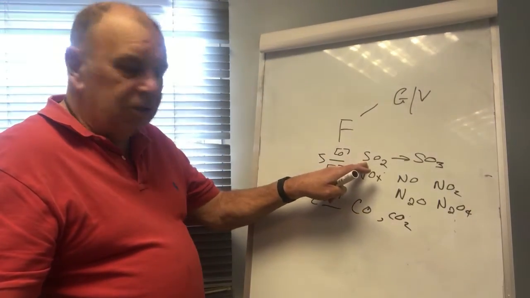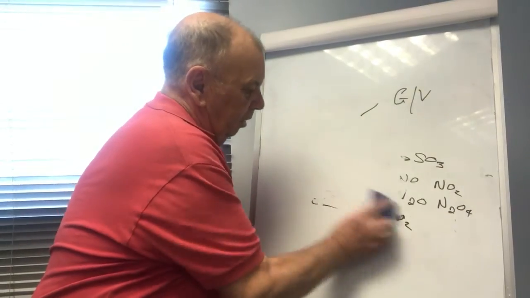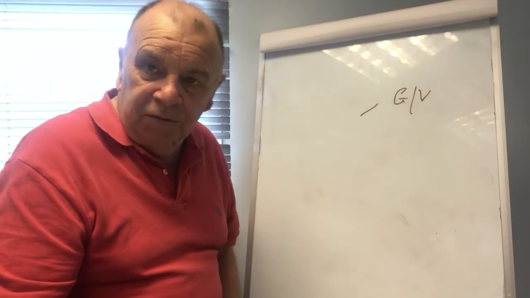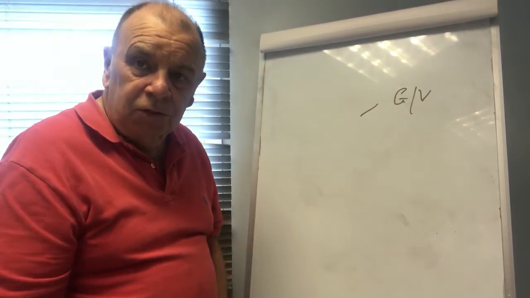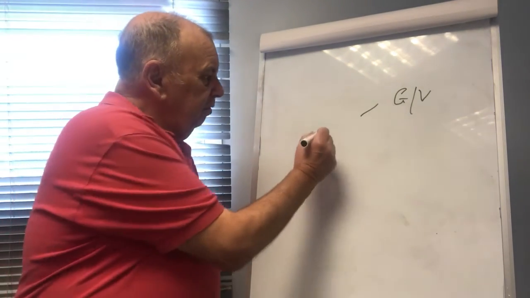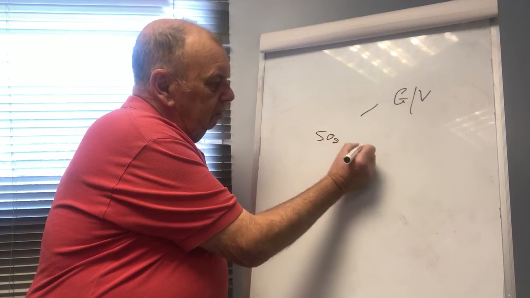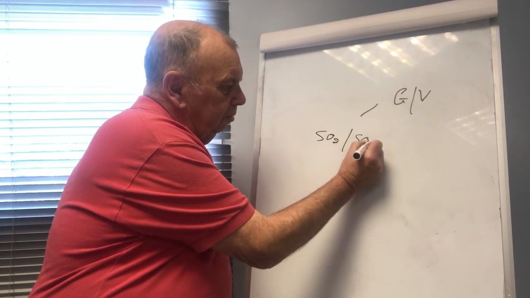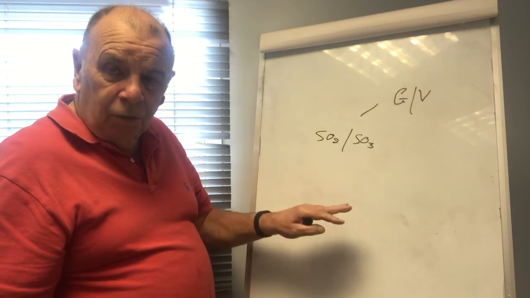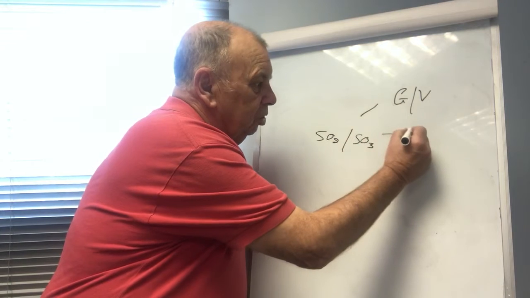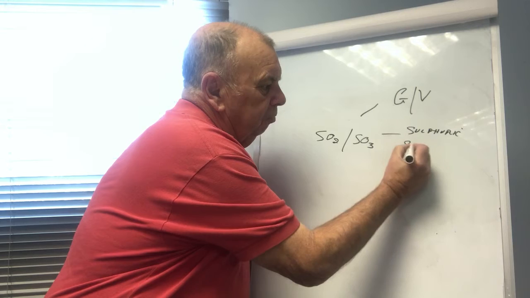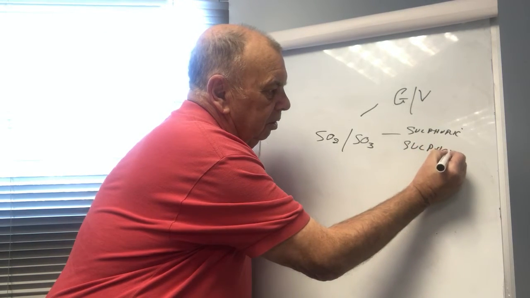Let's look at the first case of sulfur dioxide and sulfur trioxide. When you burn all of these fossil fuels, one of the other products is water. If you've got sulfur dioxide or sulfur trioxide, they combine with the steam and form sulfuric acid and sulfurous acid.